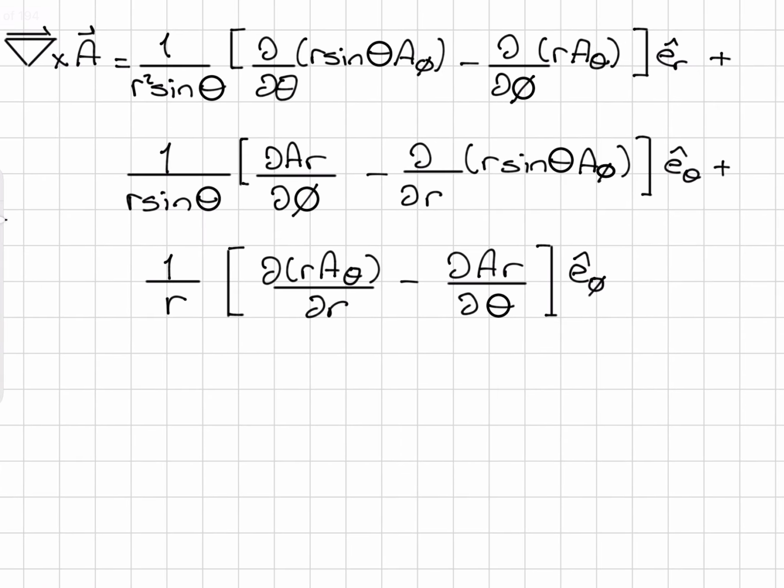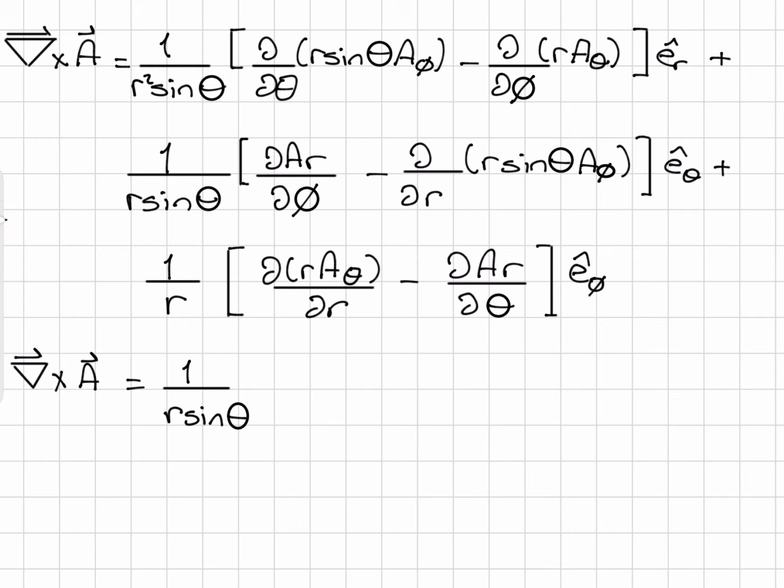Okay, now if I distribute these factors inside to see what's going to happen, I can write my final answer for curl A. Curl A becomes, for the first term here, I have a theta derivative and an r here, so r is unaffected, so that will get rid of this one. So first I will have 1 over r sin theta. And the same thing will happen here. The phi derivative doesn't affect r, so this is also 1 over r sin theta.